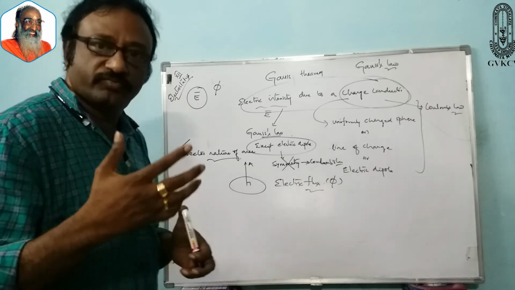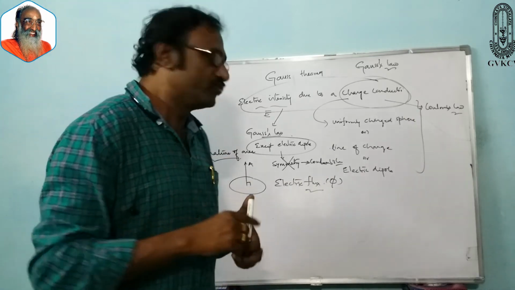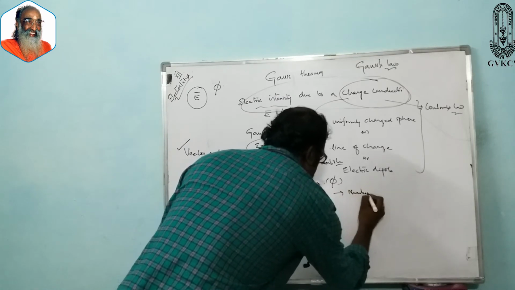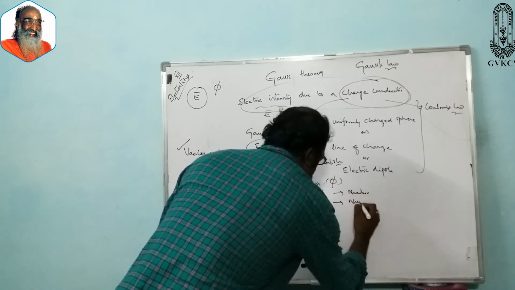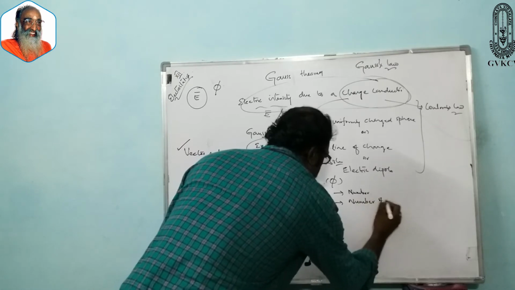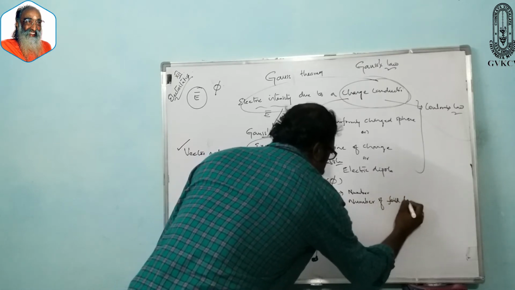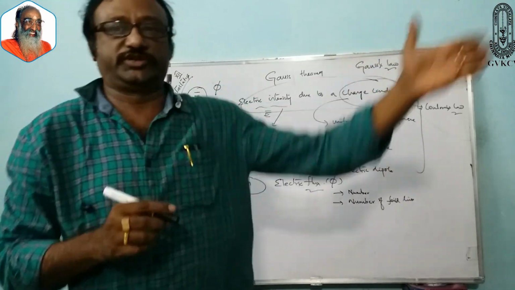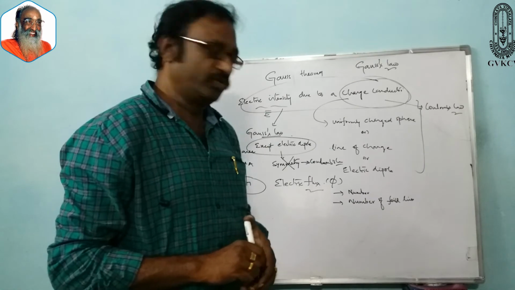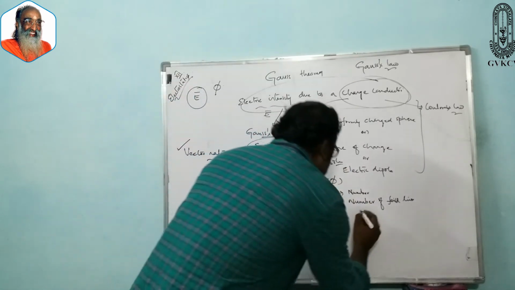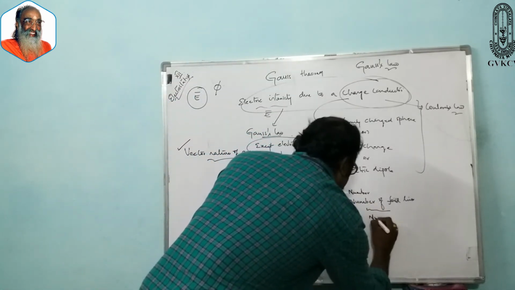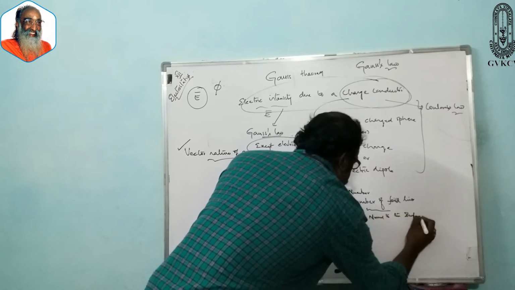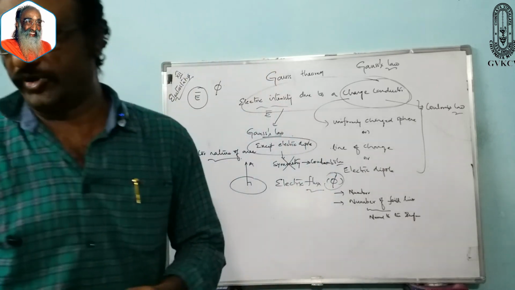It is the number of field lines, the number of field lines which are coming out from the surface, perpendicular to the surface. These field lines are normal to the surface. That we will be calling the electric flux.